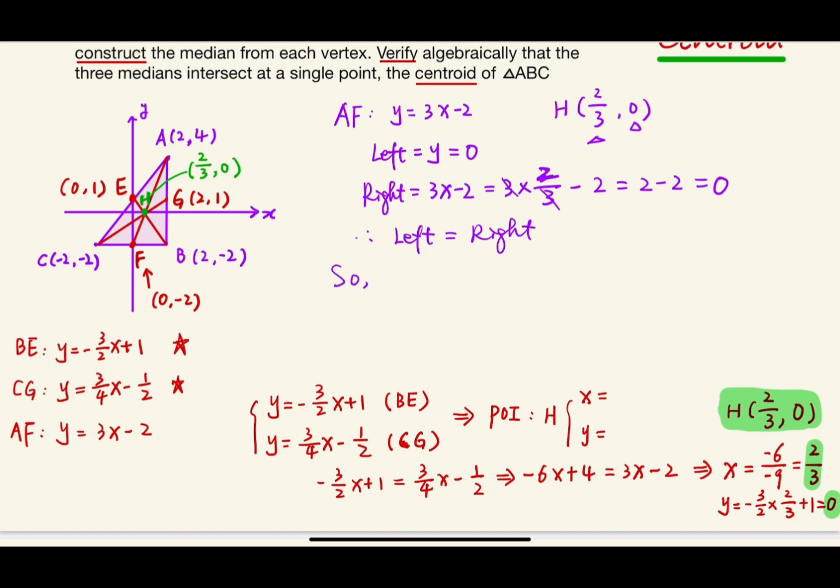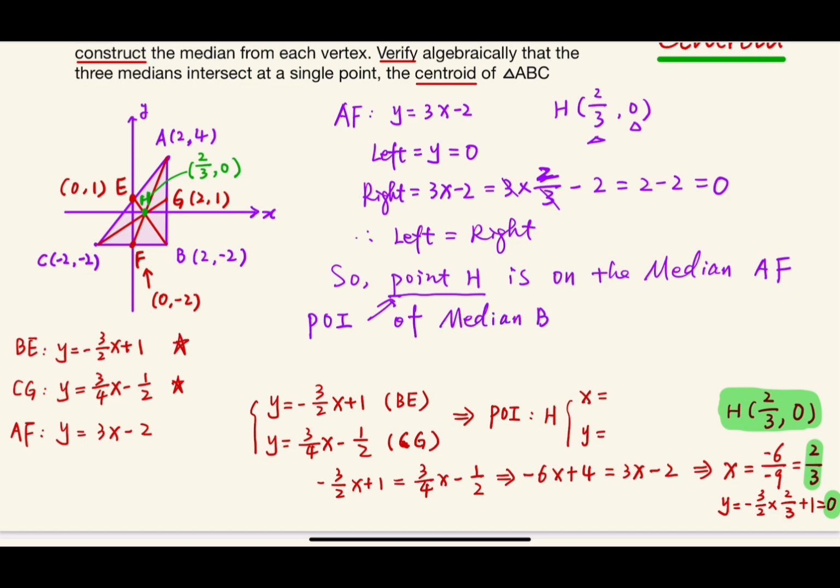So point H is on the median AF. We have known point H is the point of intersection of median BE and median CG.